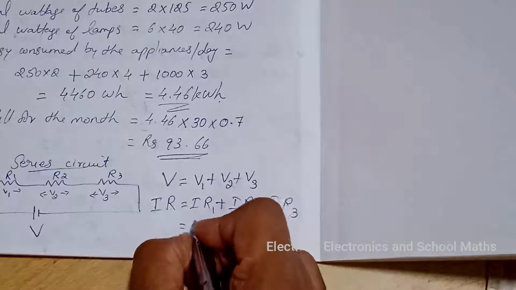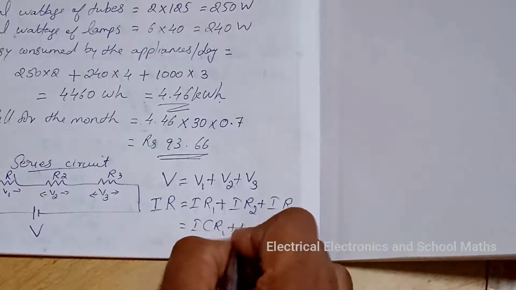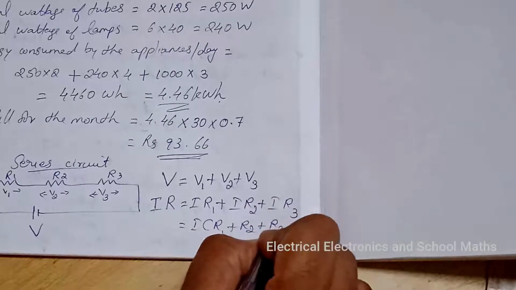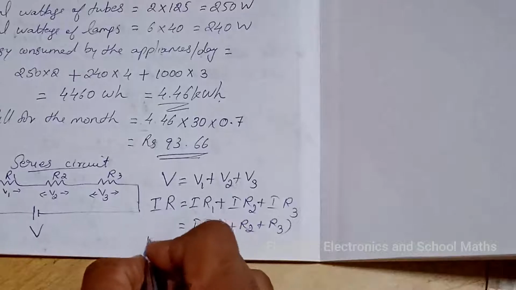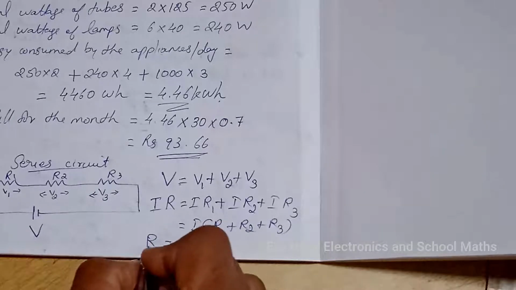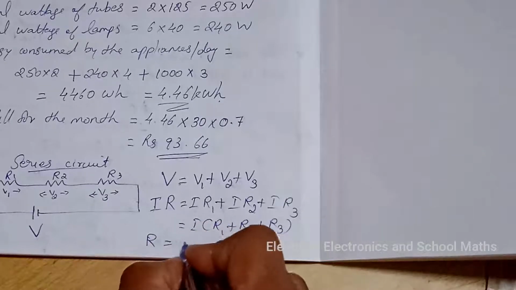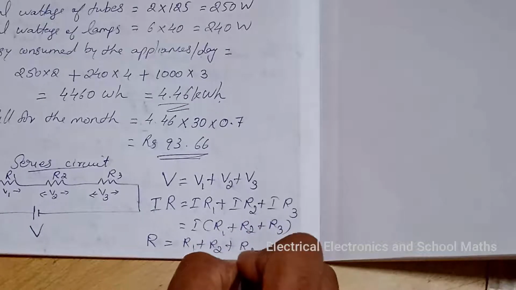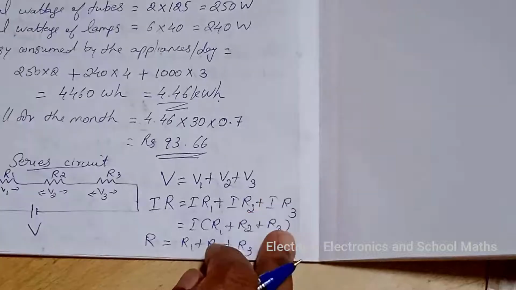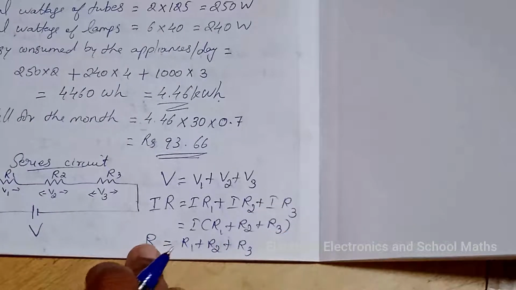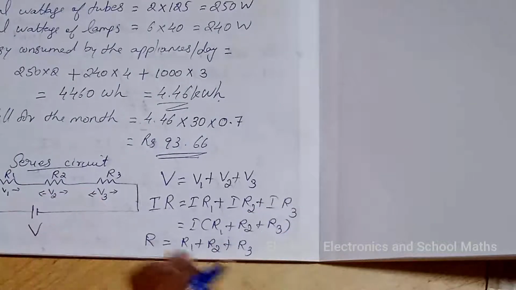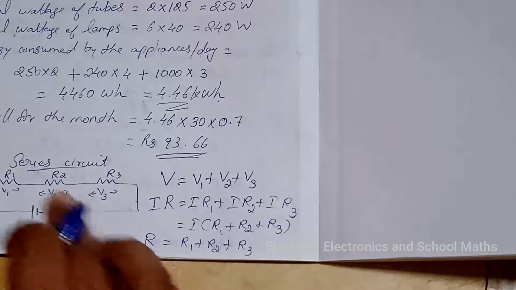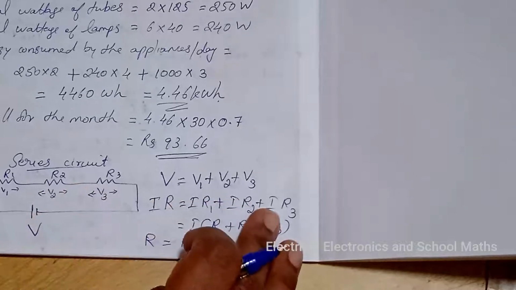So we can write I into R1 plus R2 plus R3. So we get the total or effective resistance R is equal to R1 plus R2 plus R3. That is, the equivalent resistance in a series circuit is the sum of each of the resistances.